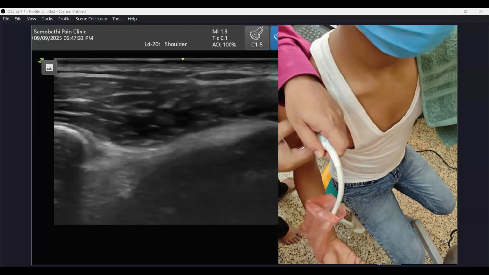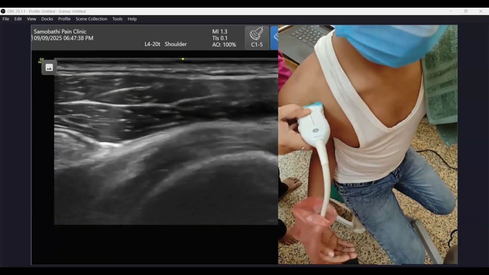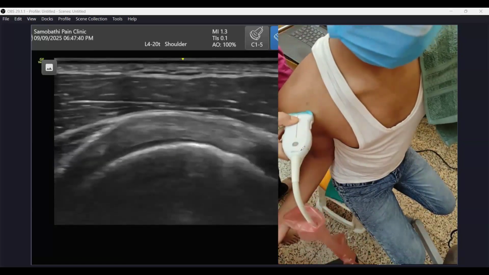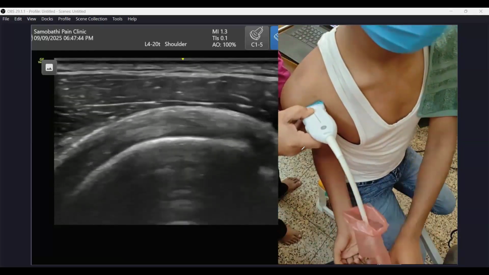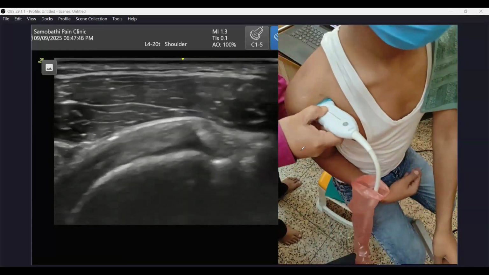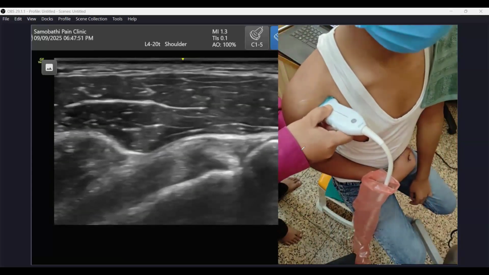Here, see the whole thing is under the coracoid, lesser tuberosity. I am showing you. On the left side, you can see the coracoid process. On the right side, it is the subscapularis. Now with the internal rotation, the subscapularis is actually moving under the coracoid.